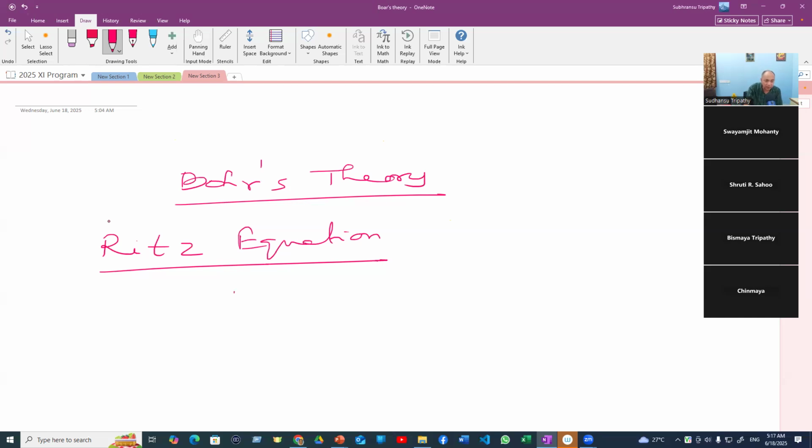And this is, supposing E of a lower shell, that is minus k z square by n1 square, and n2 is any higher shell, minus k z square by n2 square.